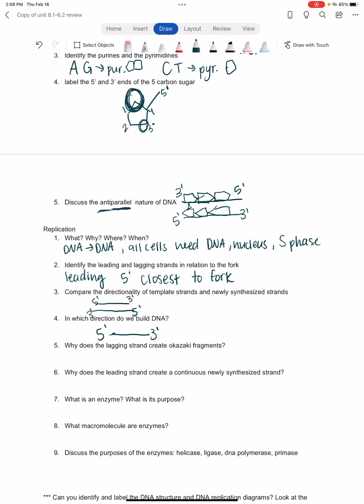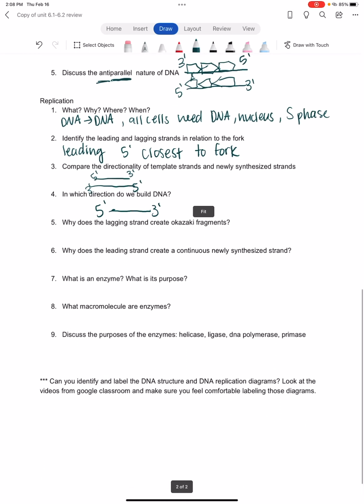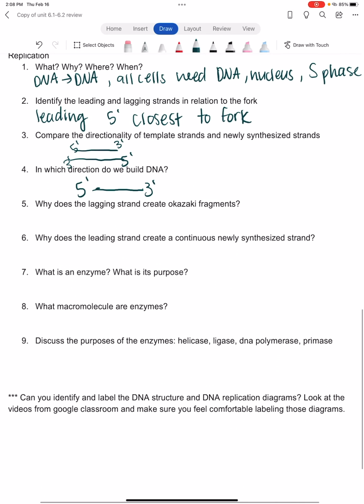Why does the lagging strand create Okazaki fragments? So the lagging strand is creating Okazaki fragments because we are doing the jumps. Because remember, we're creating DNA away from the fork. So we're running out of room.